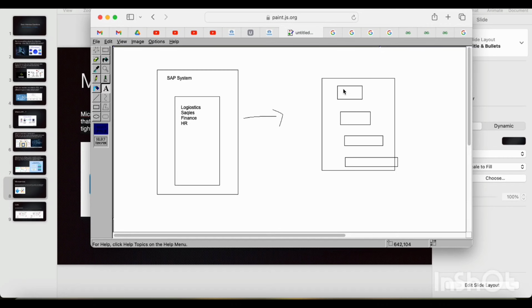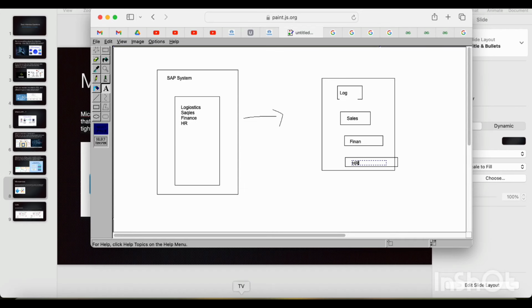Microservices will distribute this into four things: logistics, sales, finance, and HR. So now they have done parallel batch processing. All of them are loosely coupled with each other.